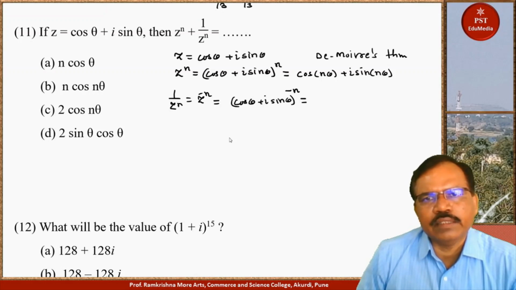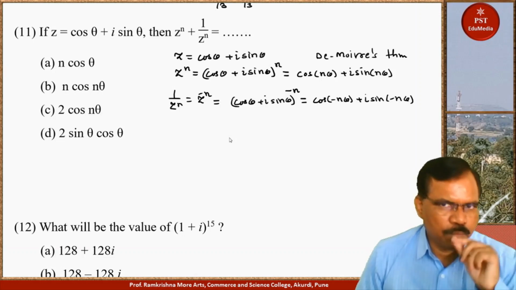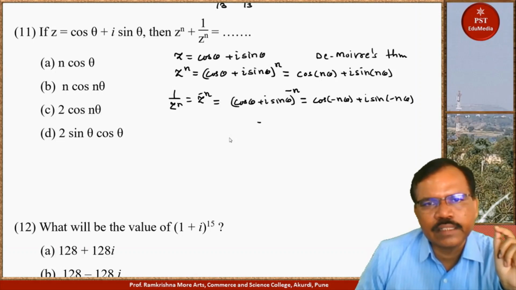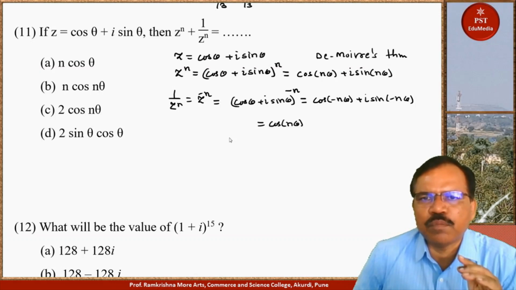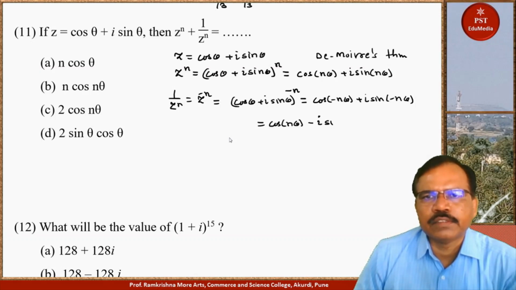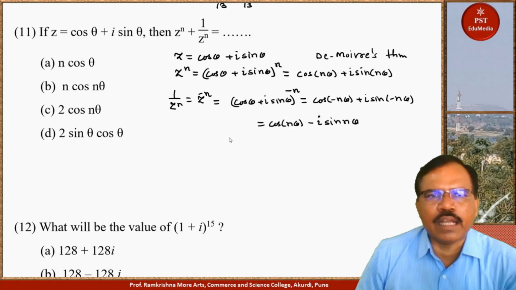So we can write this as cos minus n theta plus i sin minus n theta. But cos minus n theta is cos n theta, and sin minus n theta is minus sin n theta, so I will write minus i sin n theta.